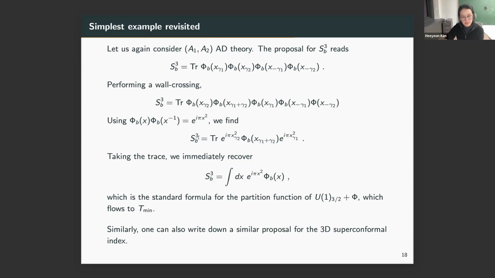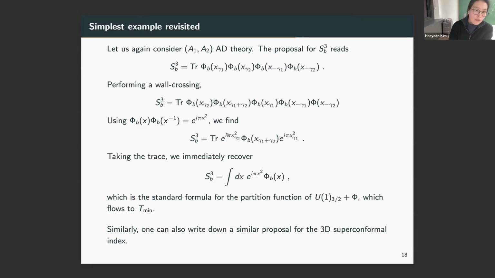And if you take a trace over that Hilbert space that I mentioned, we immediately recover this formula, which is nothing but the standard formula for the partition function of the simplest UV gauge theory description that flows to the N=4 rank 0 theory called the minimal theory.